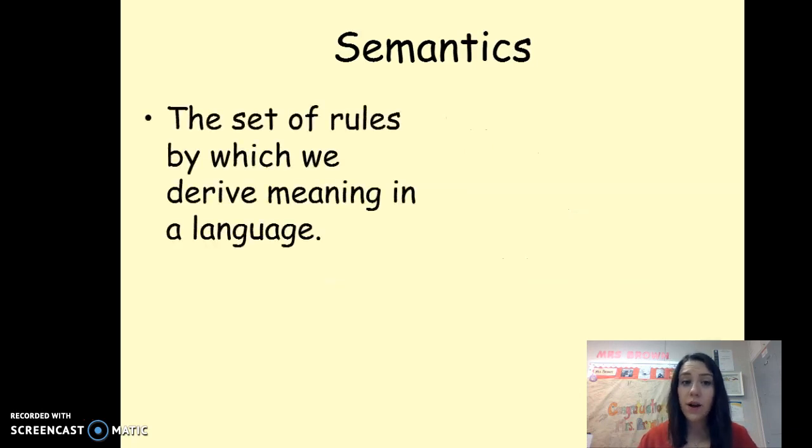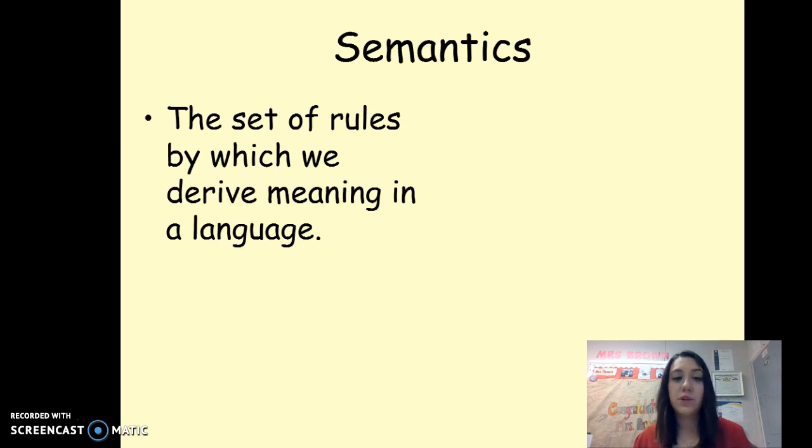Semantics, however, are kind of the rules. So when you hear semantics, I know we've talked a lot about semantic stuff. So we did semantic encoding, giving us meaning, thinking of how it's important to us or how it applies to our life when we're encoding information. We talked about semantic memory, right? And now we're looking at semantics. So make sure you keep all these things straight.